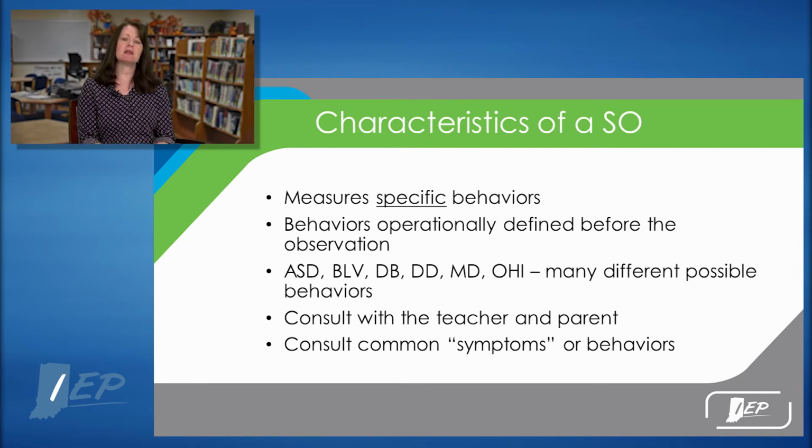If it's something like ADHD, for other health impairment, then you may be going in looking for some of those characteristics of ADHD that have been reported for this student.